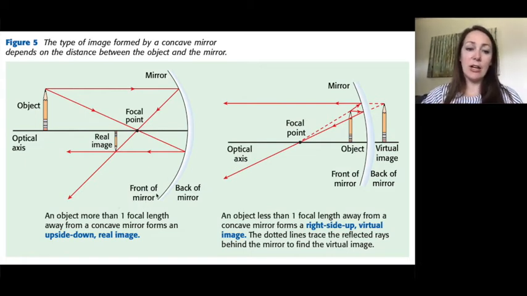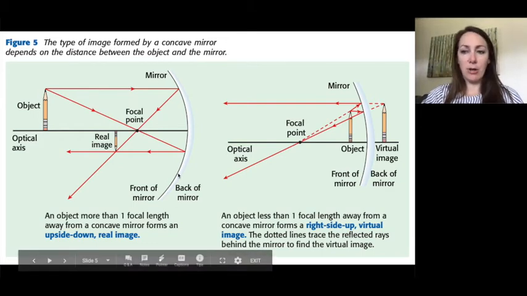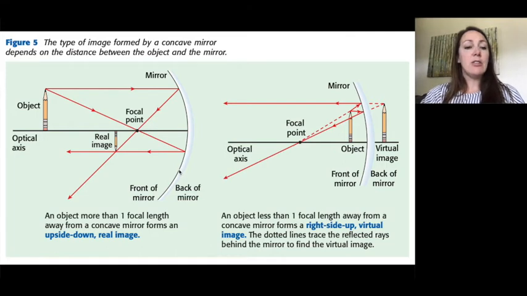We're looking again at concave mirror. So we're looking at this curved mirror right here at the part that looks like a cave. So if we have an object that is more than one focal length away from a concave mirror, it creates an upside down real image, which means the light can pass through it.